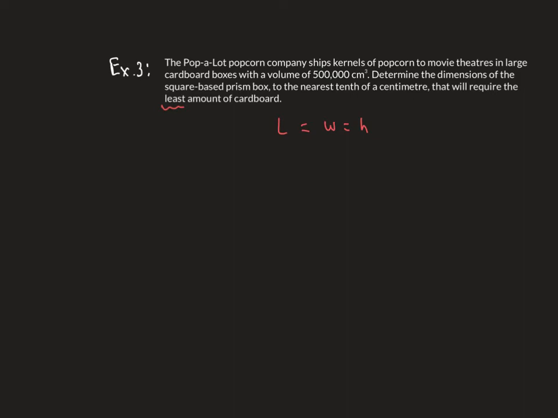Okay? Now, if I know my volume is 500,000 and I want three things to be the same that are multiplying, well, if it was just two things, length times width, we would take the square root. If it's three things, you take the cube root. So assume that they all are equal to x because they're all the same value.